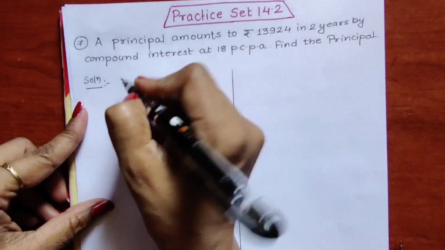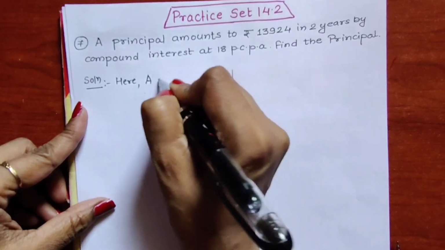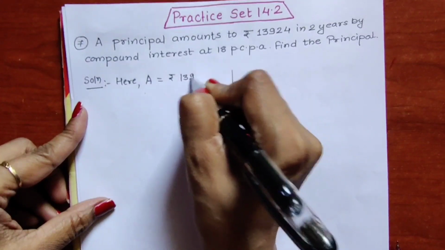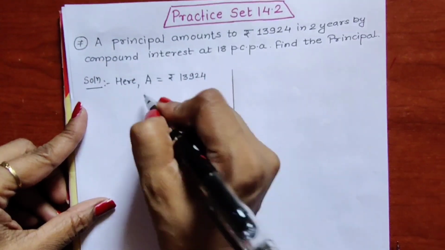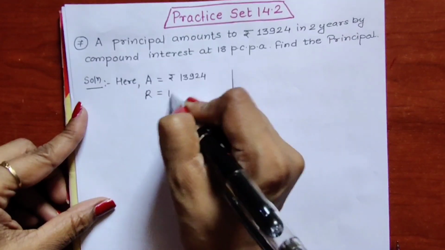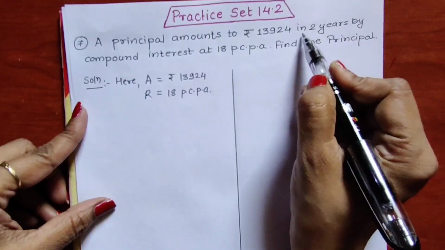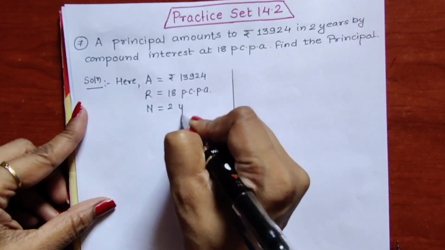We have been given the amount. So here the amount is given to us, rupees 13,924. Then we have been given the rate of interest R is equal to 18 PCPA in 2 years. That means the number of years is 2 years.